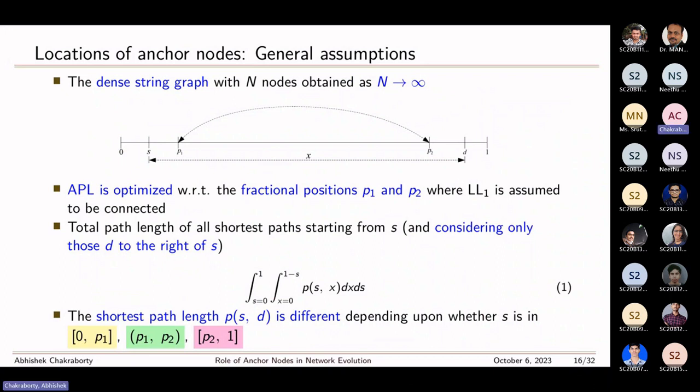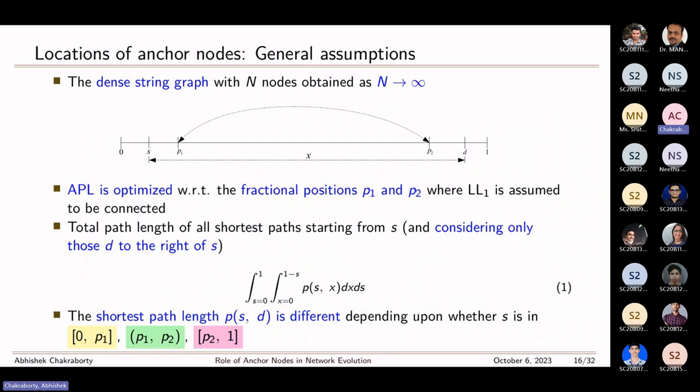As there are three segments of the string, the source can be in any of these three segments. We also assumed the destination is always on the right side, just to have an easier way to estimate. If D could also be on the left side, then the equation would get complicated. That's all. So here we assume that D is always on the right side of S, not the left side.